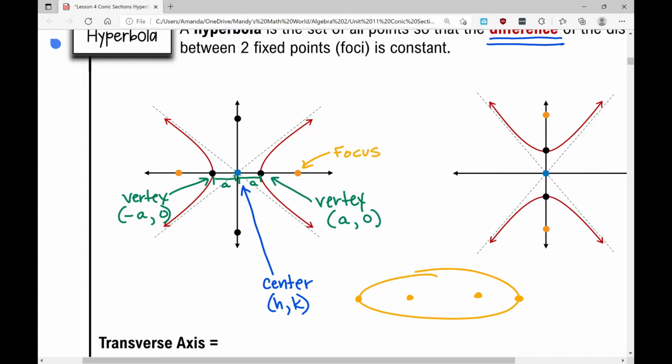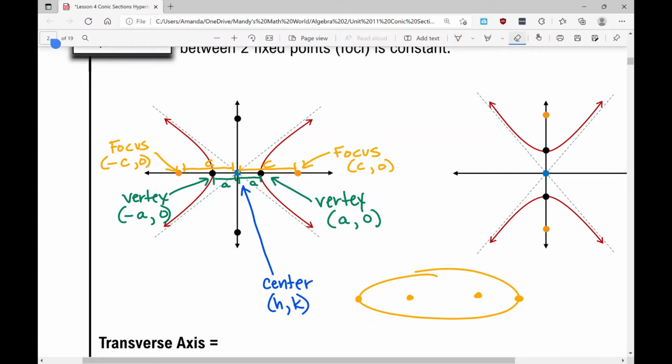Your focus is further out on that main axis, and that is, just like with an ellipse, c units from the center point. So we'll label this as an ordered pair, (c, 0). This over here is also a focus, also c units from the center point, and we'll label this as (negative c, 0).